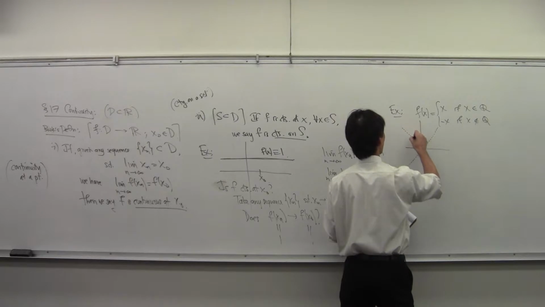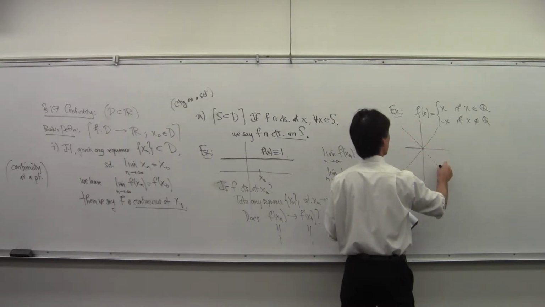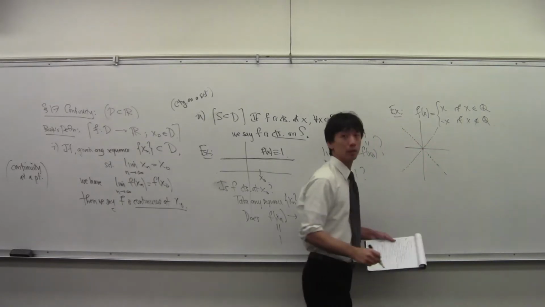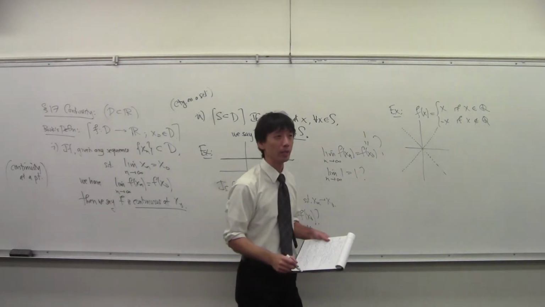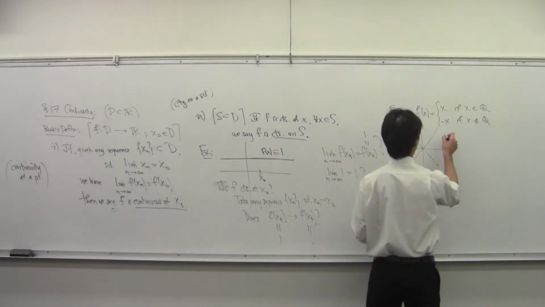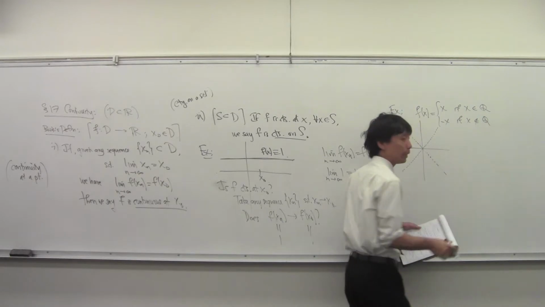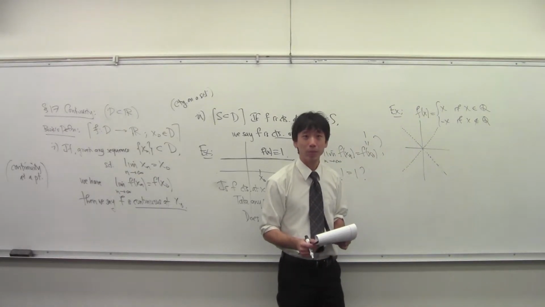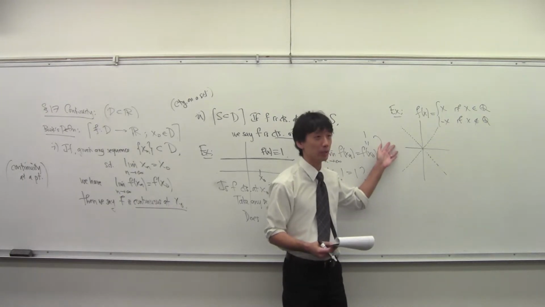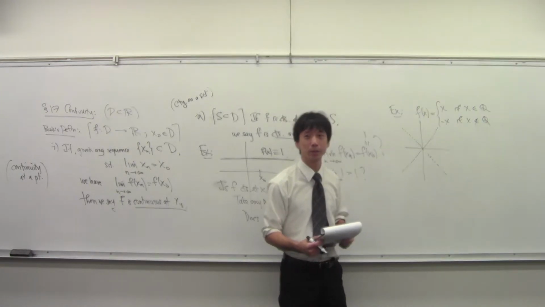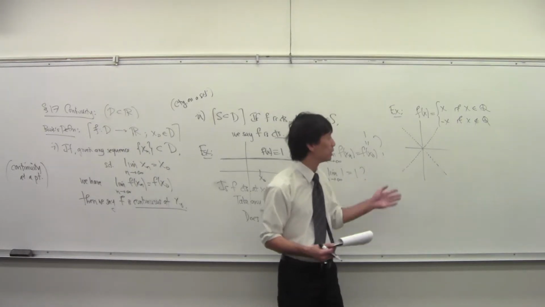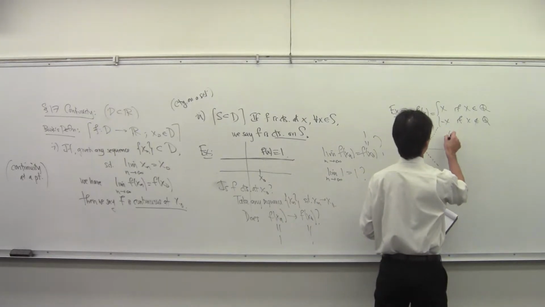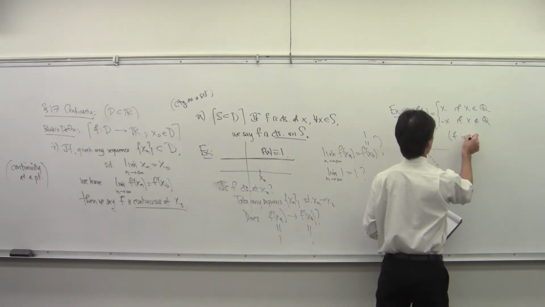On all irrational points, it looks like f of x is negative x. Where is this function continuous, by your reasoning? Wait, at 0? Yeah, this function is continuous at 0.